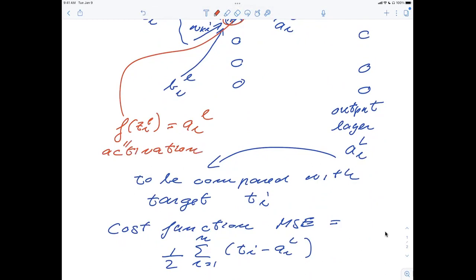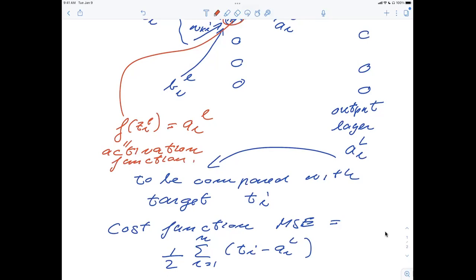And you can view that as a parameter. And there are several very popular activation functions. One of them is the sigmoid function, which we met last time. There's a tanh, hyperbolic tangent. There's something called the ReLU function, rectified linear units, and so on. So we are going to discuss them in a little bit more detail today.